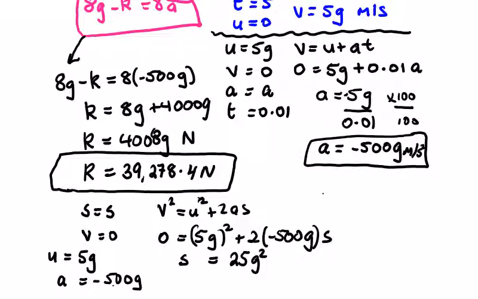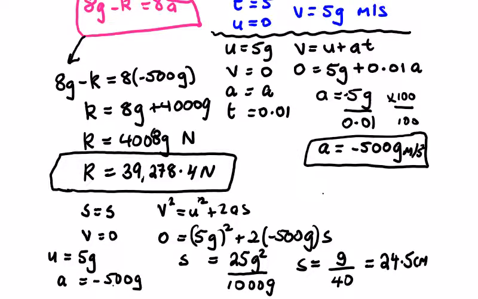So s, bring the 1000g underneath. s will be equal to, we're just going to divide by 25g, so we're going to have g on top and just 40 on the bottom. 9.8 divided by 40, it's 98 centimeters divided by 4, which will be 25, that's a half, 24.5 centimeters. And again, just double check that on a calculator.